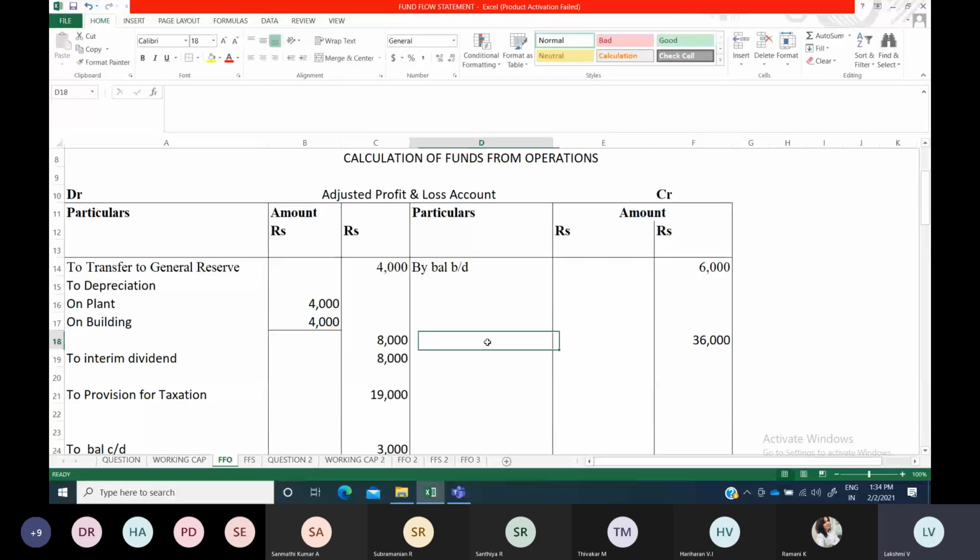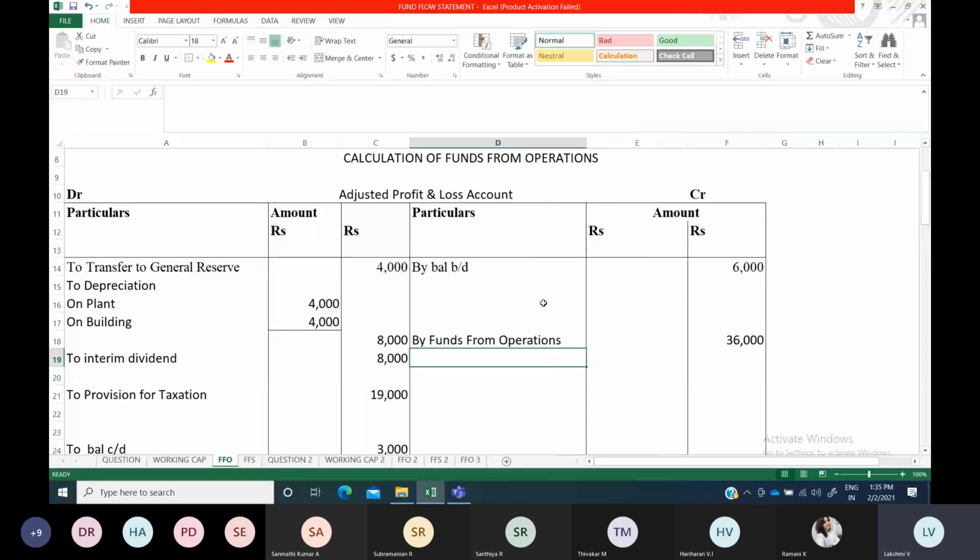So this amount is known as what? By funds from operations. Okay, if suppose you are getting it on the debit side, it means fund lost in operations. If you are getting it on this side, it is by funds from operations. By funds from operations, this will be your balancing figure.